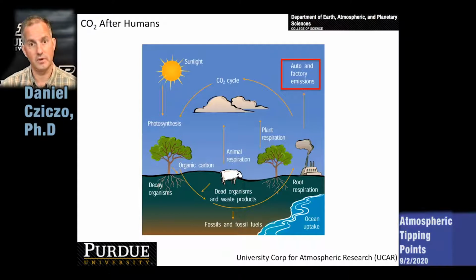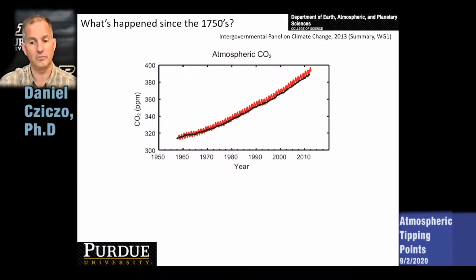But we can think of the predominant one as being the burning of fossil fuels, taking fossil carbon, carbon that was captured and held in the Earth system, burning it and emitting it as CO2 into the atmosphere. So instead of just having these volcanoes maybe pumping out CO2 via eruptions, now we have this constant source, this new source of carbon going to the atmosphere because of human activities. And this is going to perturb the system in a very interesting way.